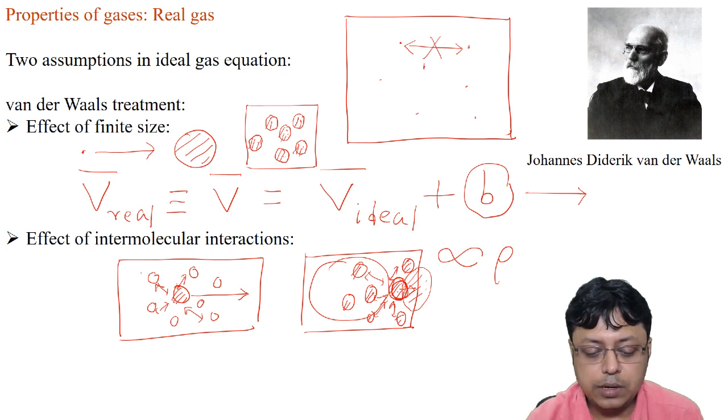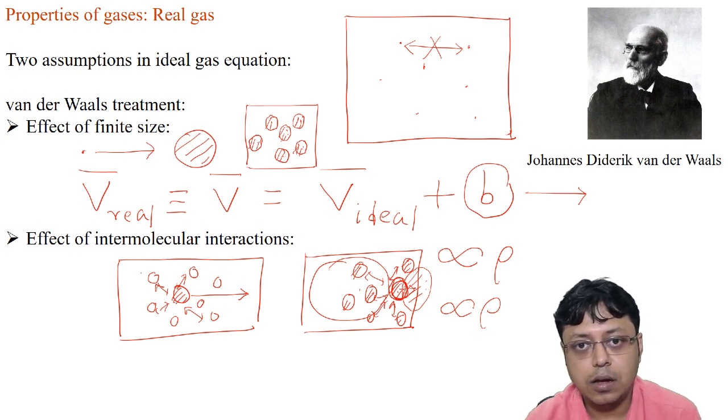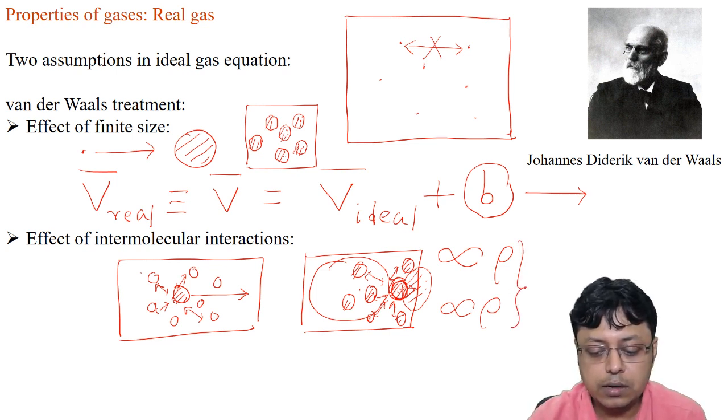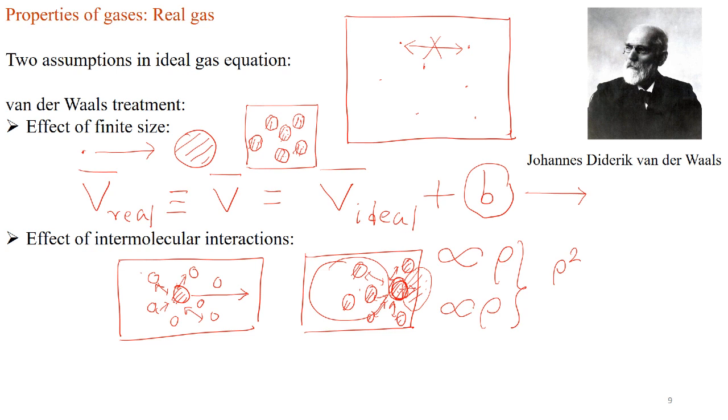Secondly, these molecules are also attracted by the molecules present in the bulk, so it will also be proportional to how many molecules are present in the bulk. That number is also proportional to the density of the gas. So together, the reduction in the pressure will be proportional to the square of density. And since density is inversely proportional to molar volume, it will eventually be inversely proportional to the square of molar volume.